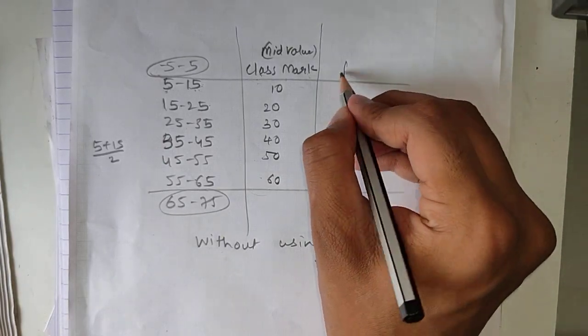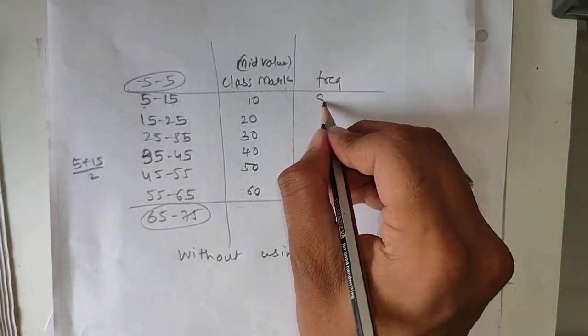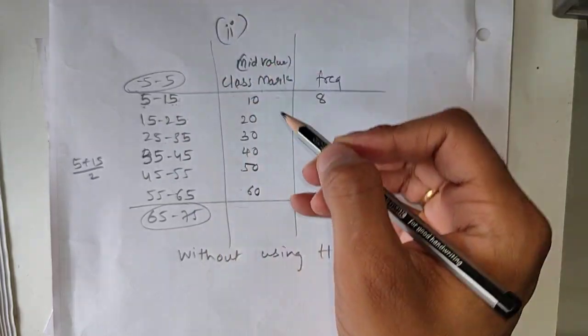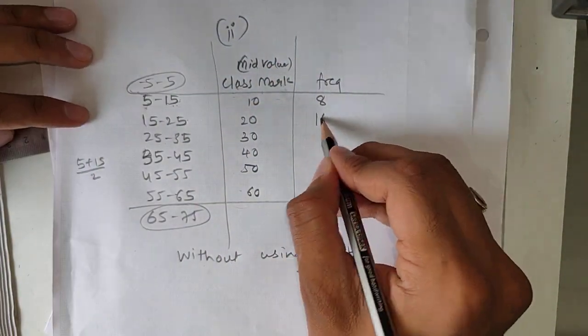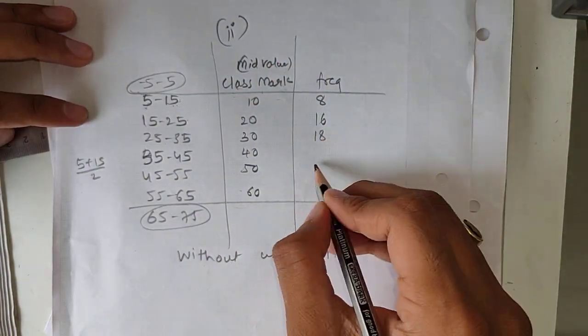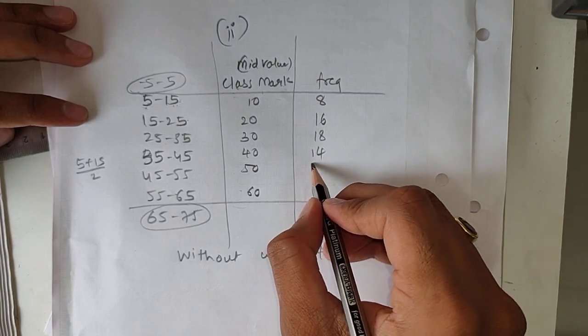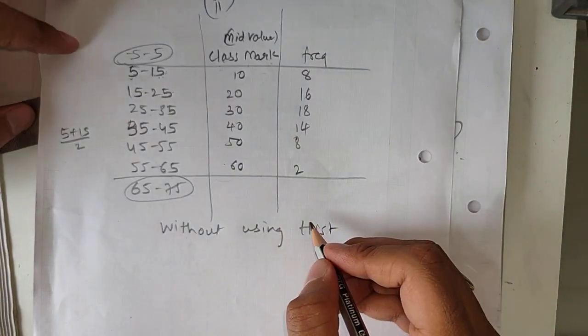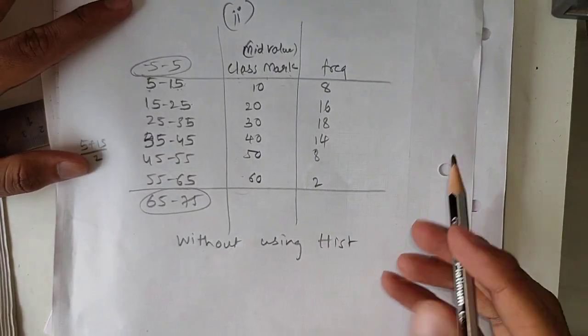Then write the frequency also. The frequencies are 8, 16, 18, 14, 8 and 2.